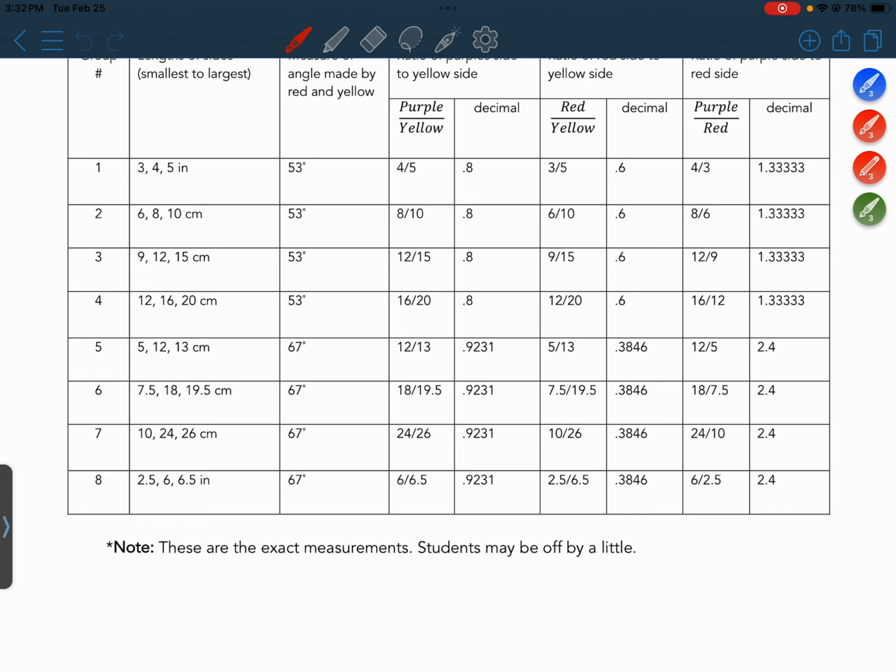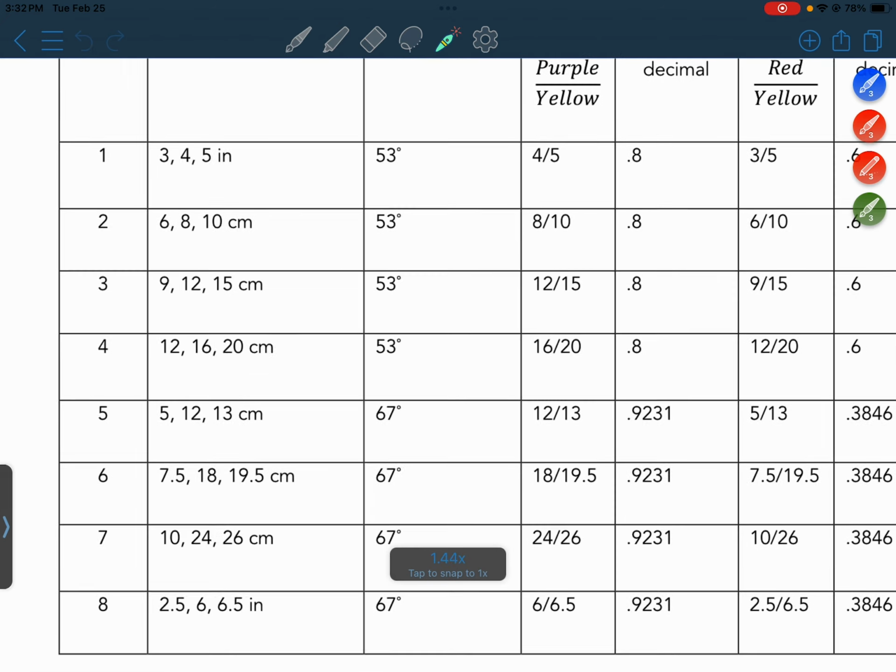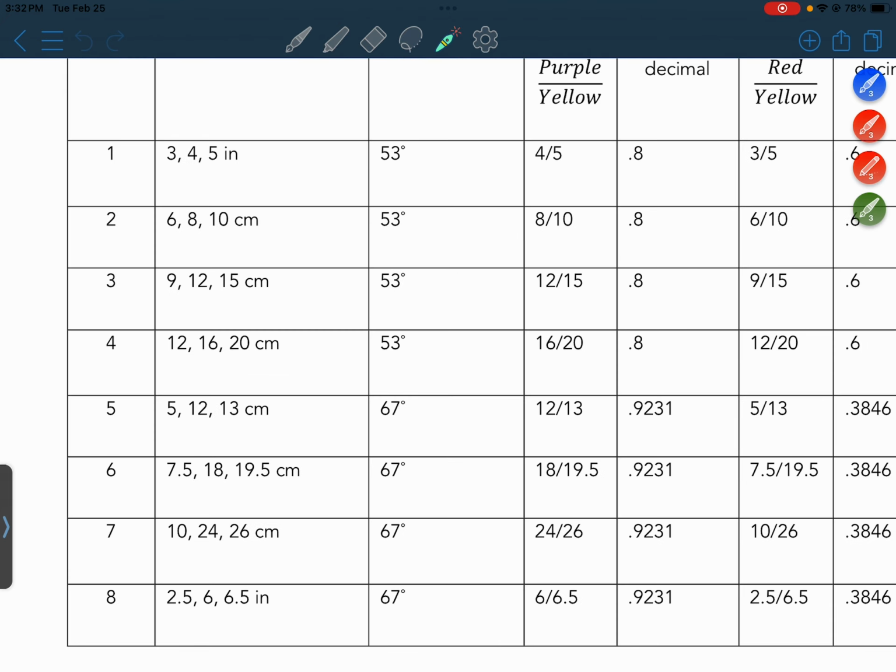But hopefully you noticed, after you got all the values on the board, that the first 4 groups had roughly the same angle measure. Now maybe you didn't get exactly 53, maybe you got 50 degrees or 55 degrees, but that's just measuring error. So for the most part, the first 4 groups had the same angle measure. The last 4 groups had the same angle measure.